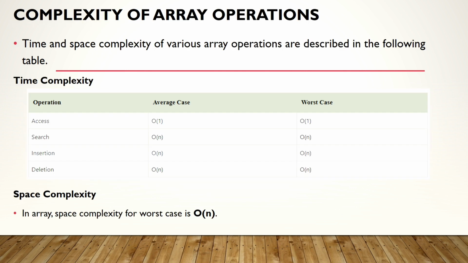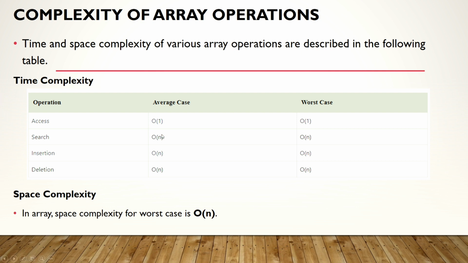Now the complexity of array operations. So we always know that time and space complexity of various array operations are described. We will now see the following table, the operations which are performed, that is access, search, insertion, deletion, and their average case is O(1), O(n) and so on, and the worst case is also O(1) and O(n). You have to remember these operations and their average and worst case, so that when you do programming, this will be beneficial for you.